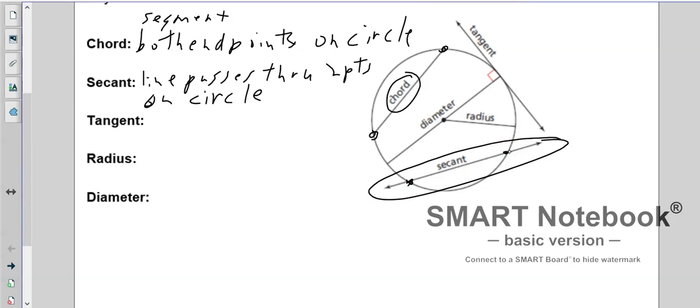So a secant is a chord if you just keep going, kind of like a line compared to a line segment. Similar idea. The secant just continues. So if I continued this, now my chord is a secant.